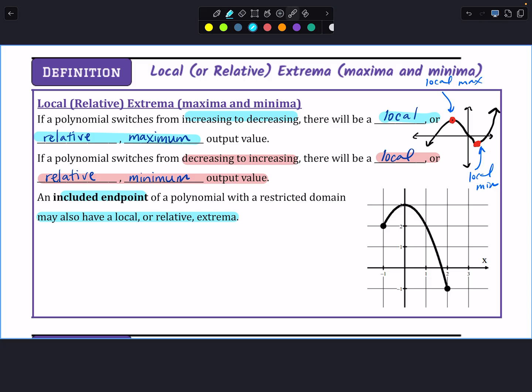So this right here, if I'm talking about locally, I'm talking about really close to that endpoint. Do you guys see what I'm using my laser for? Would that be the lowest or highest point of this area? The lowest, right? It's the smallest, so this would be a local then what? Minimum. So this right here would represent a local minimum.